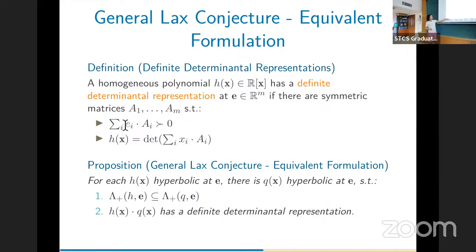This is exactly a question about whether I can multiply by something and get a determinant. So now we're in business, because here we have an algebraic version of the geometric question.